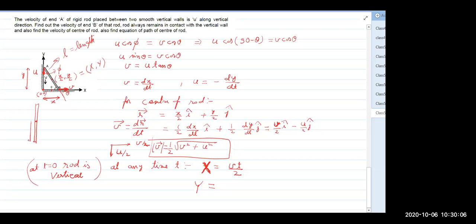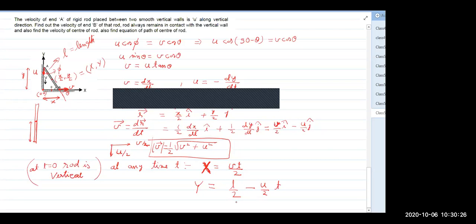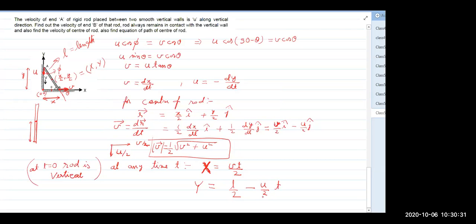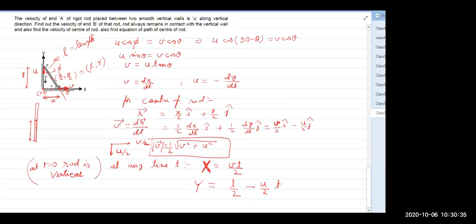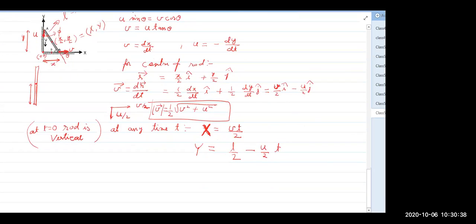So the initial y coordinate for the center was L by 2, and now it is going down with speed u by 2. So you can write minus u by 2 into t. This is the initial value of the y coordinate, and u by 2 is the rate of change of the y coordinate. So we can write L by 2 minus u by 2 t, and these are the two coordinates.